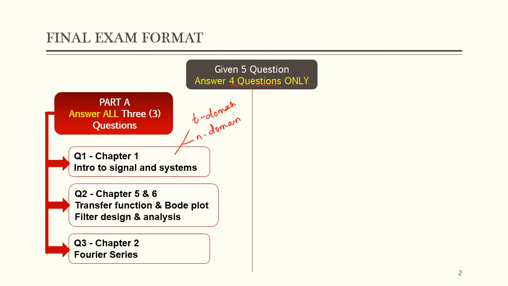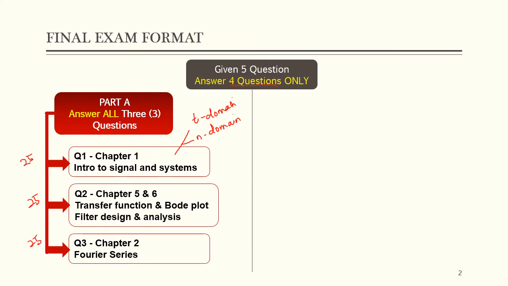For those who have problems in discrete time signal, please make sure you do lots of exercises to make sure you can score in this particular question. Each question contributes 25 marks.